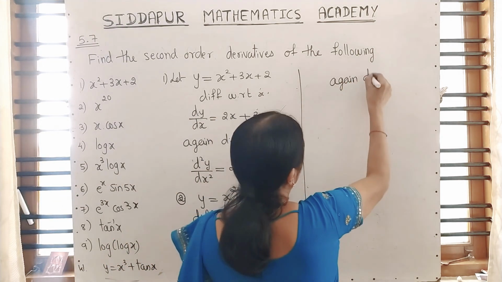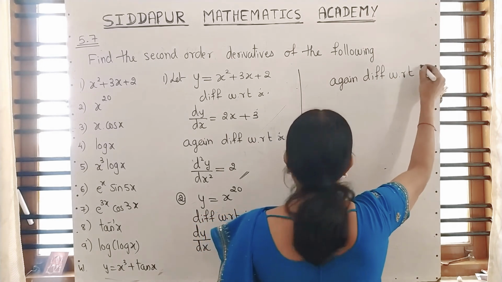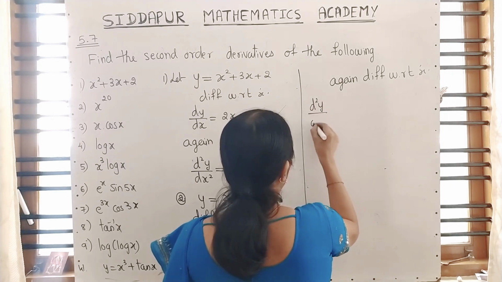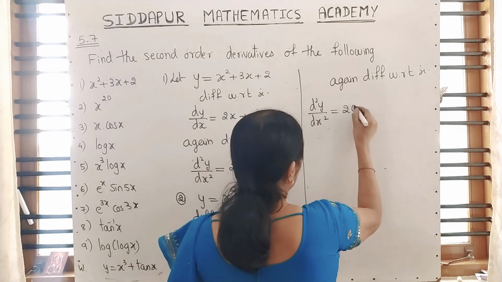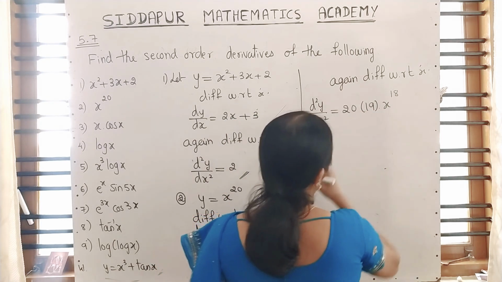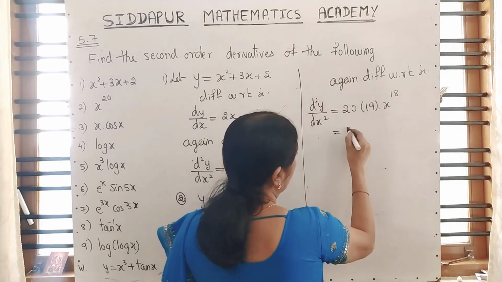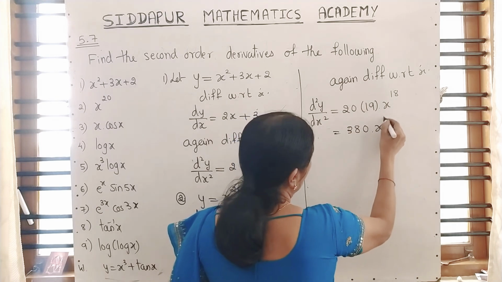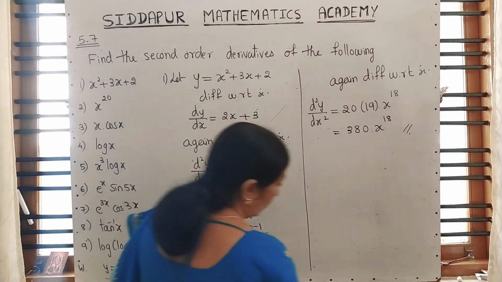Again differentiating with respect to x. The left side will be written as d square y upon dx square. 20 as it is, 19 into x raised to 19 minus 1, 18, and multiply 19 twenties, that is 380 x raised to 18. Moving to the third question.